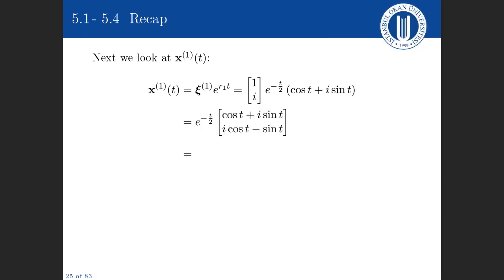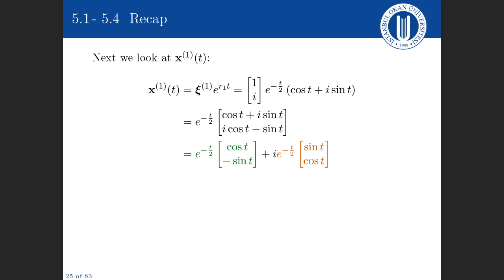And I want to rearrange this to write this as a real valued vector function plus i times a real valued vector function. So just playing with it, I can write this as e to the power minus t over 2 (cos t, minus sine t), that's the real terms, plus i e to the power minus t over 2 (sine t, cos t). That's the imaginary terms.